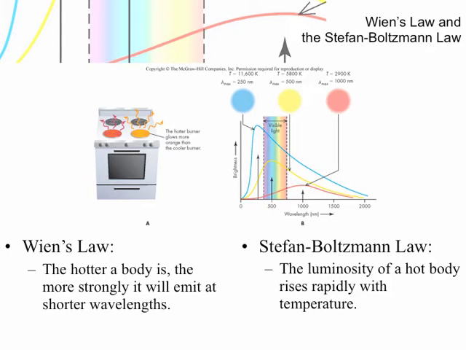Wien's law basically says that the hotter an object is, the more strongly it will emit light at shorter wavelengths, or the bluer end of the spectrum. The reverse of that would be that the cooler an object is, the more strongly it will emit light at the redder end of the spectrum. Stefan-Boltzmann law says that the more luminous something is must indicate that it is higher in temperature.